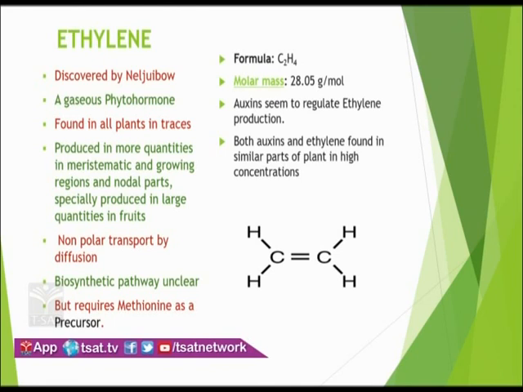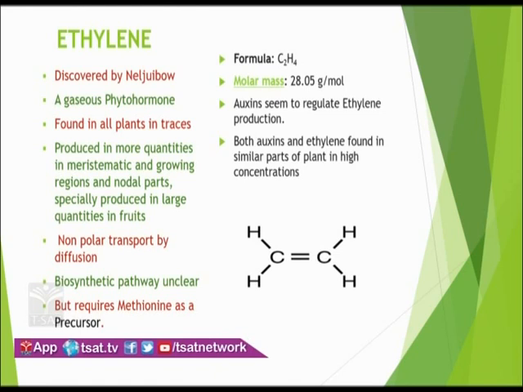It is highly diffusible, it can very easily move into and out of the plants just like CO2, O2 or water. Its chemical nature is also very simple: CH2 bound by a double bond. So, we call ethylene a gaseous phytohormone. Ethylene is found in all plants and different parts of the plant, but in very minute quantities.